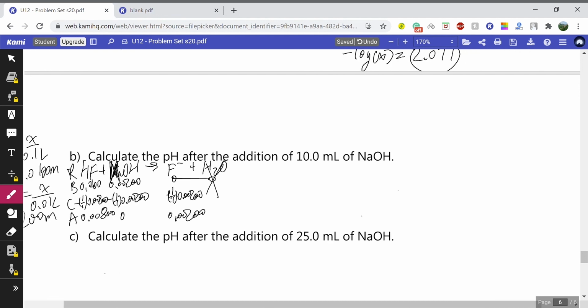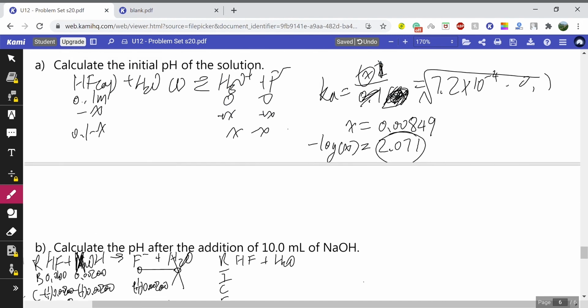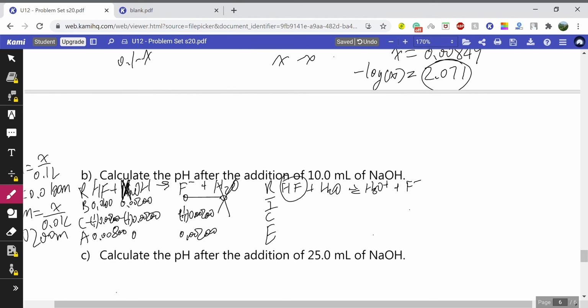Now with this, we can apply it to the RICE chart. After we find these amounts, we can apply them to the RICE chart to find the pH. And the RICE chart will include HF plus H2O, like what we did up there, forming equilibrium with H3O plus and F minus, since this acid will be donating a proton.